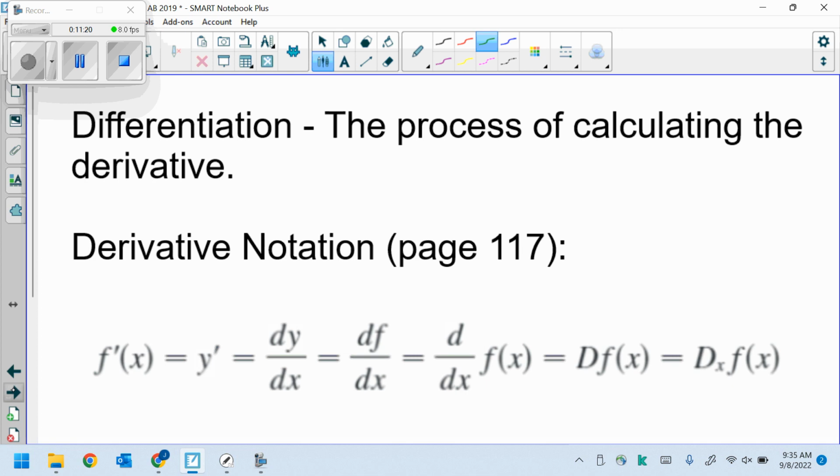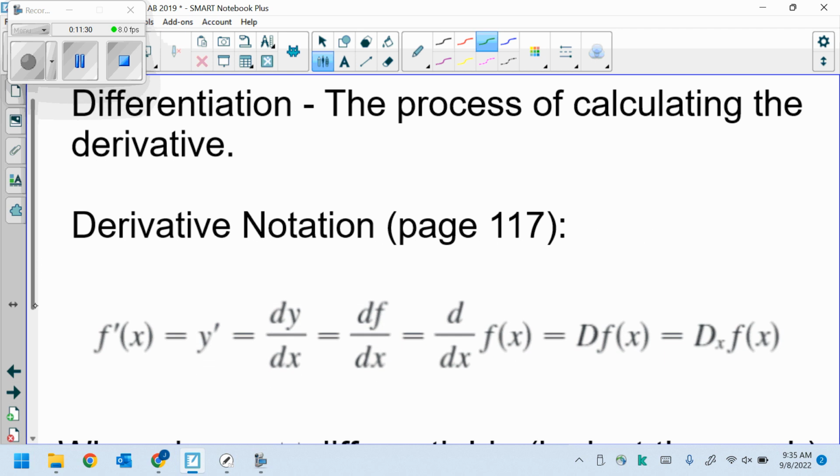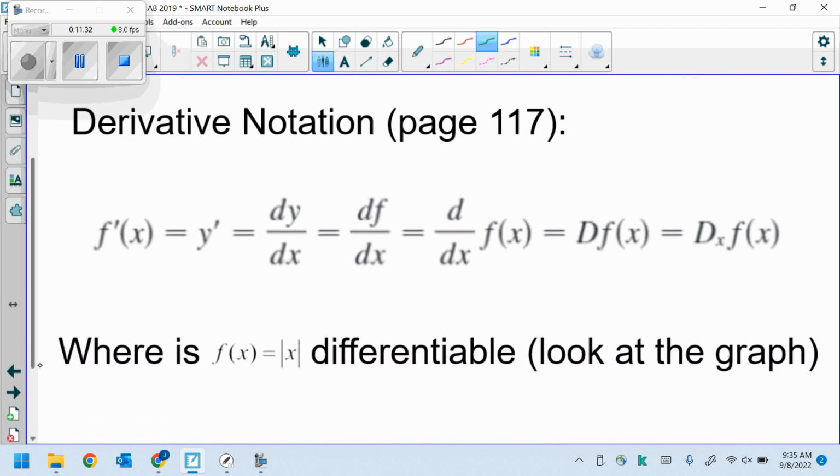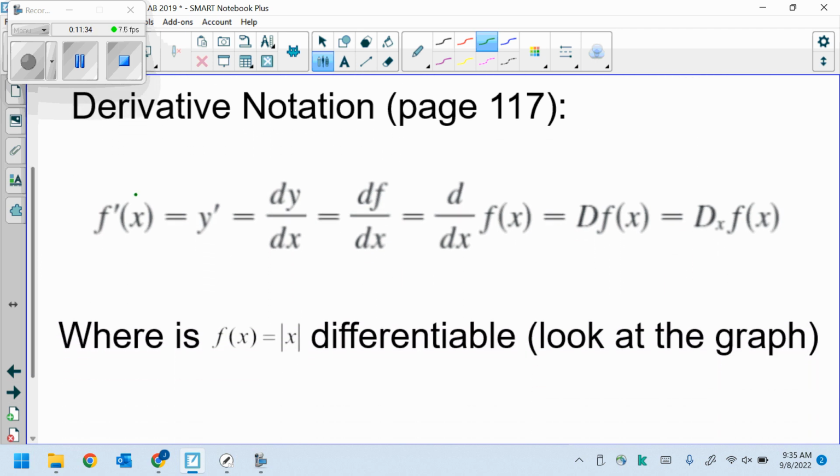Now, differentiation is a term that we'll run into. Differentiation is just the process of calculating the derivative. And there's a lot of derivative notation that we find on page 117, and I've copied that here. This means the derivative of f of x. This means the derivative of some y equals equation.